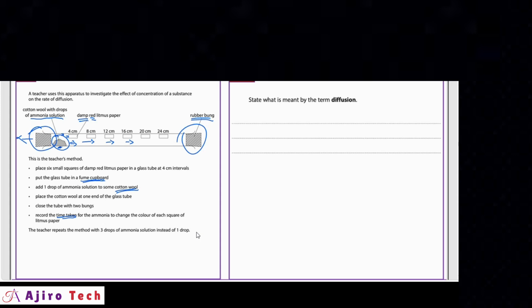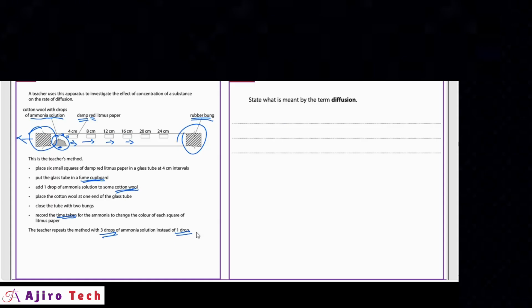It is still one independent variable, which is the concentration of ammonia, but it is in 2 ways. One is 1 drop, another one is 3 drops. So in case we are asked to plot the graph, they may ask us to plot the graph of the 2 together. So that is a graph with 3 drops and a graph with 1 drop.